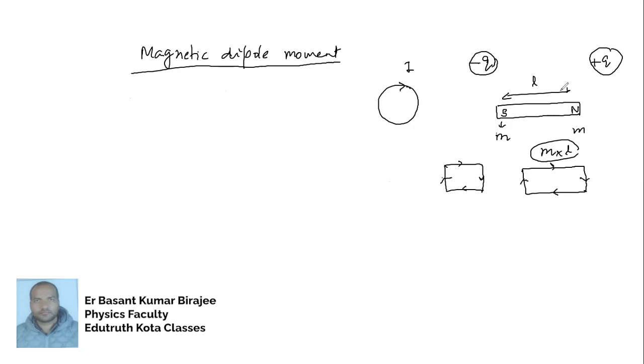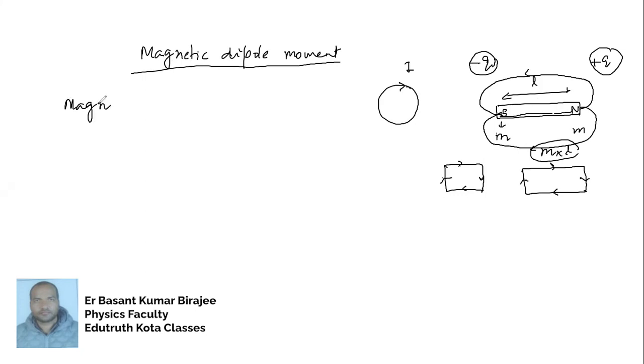You might have studied in lower classes that magnetic field lines start from the north pole and end at the south pole. This is how you used to draw magnetic field lines in lower classes. And inside the magnet, it is like this, a closed loop. Now let's talk about the magnetic dipole moment.